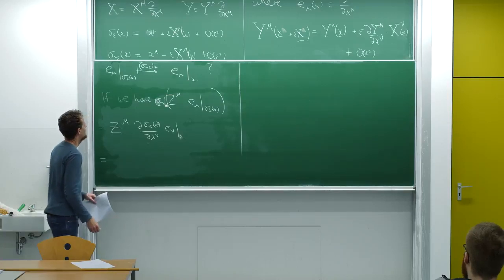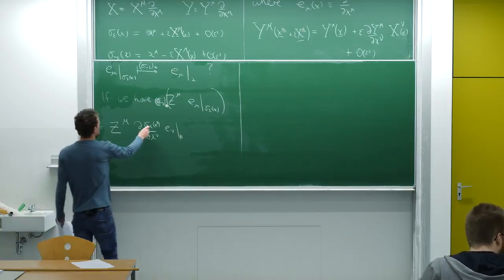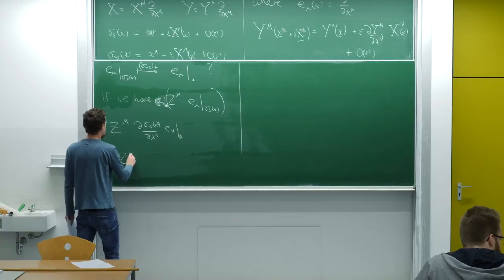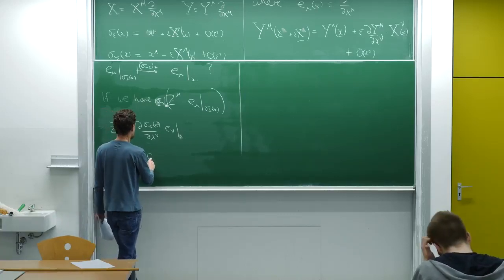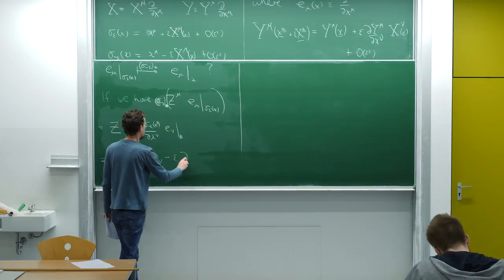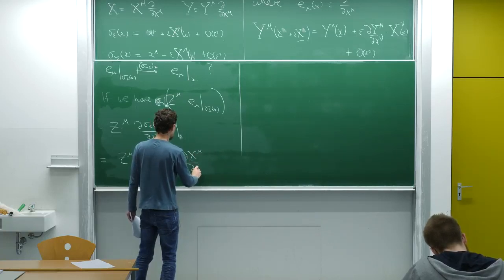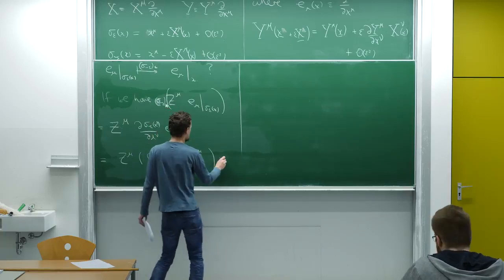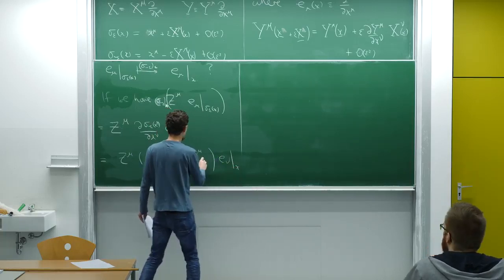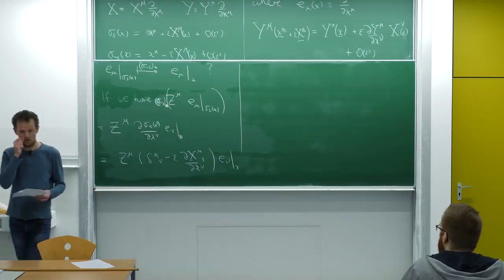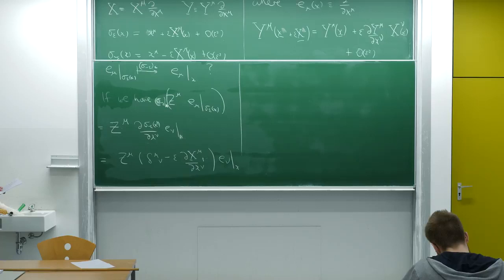If we work that out, we have a formula for sigma minus epsilon, plus dot dot dot. Something's wrong.